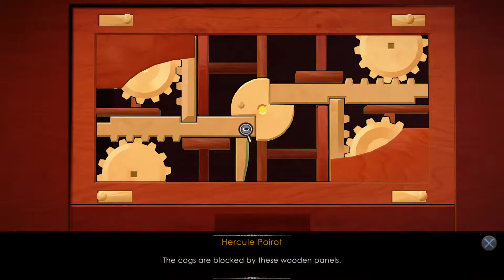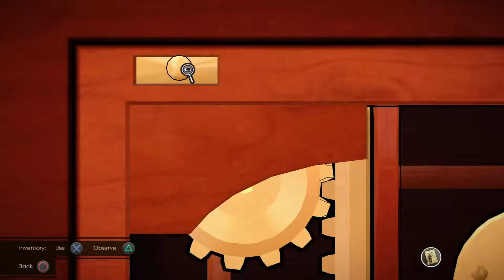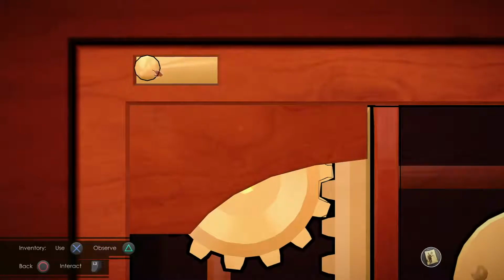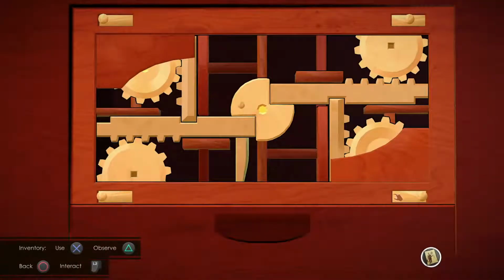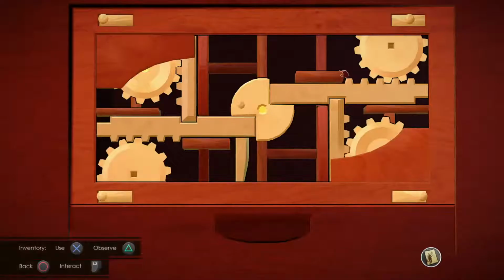The cogs are blocked by these wooden panels. get it.